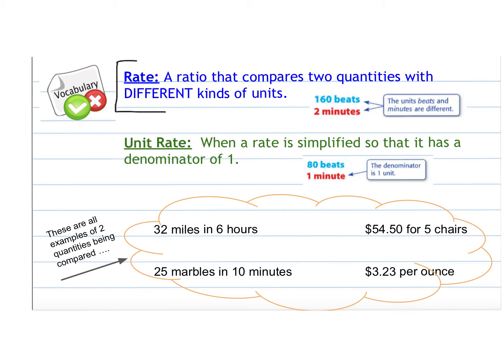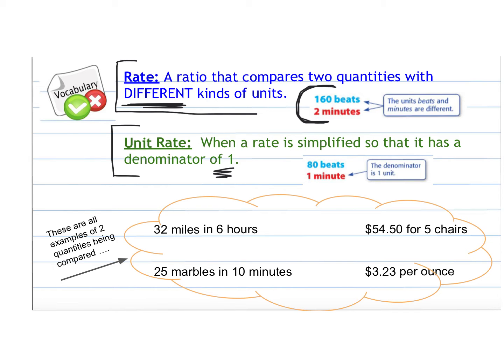Rate is a ratio that compares two quantities with different kinds of units, and then a unit rate is when a rate is simplified so that it has a denominator of 1. So we can see here a rate is comparing beats to minutes. So if it's 160 beats in 2 minutes, beats and minutes are different.